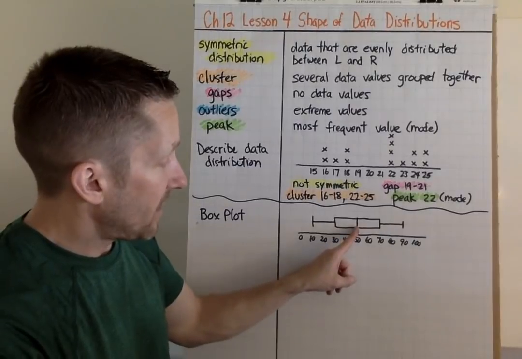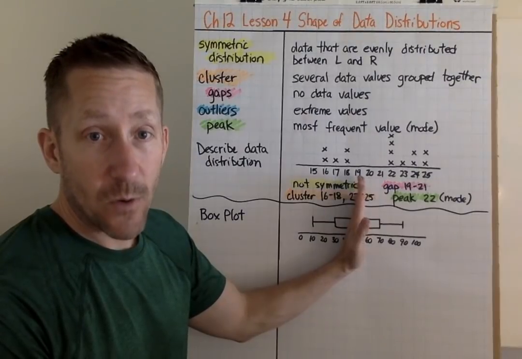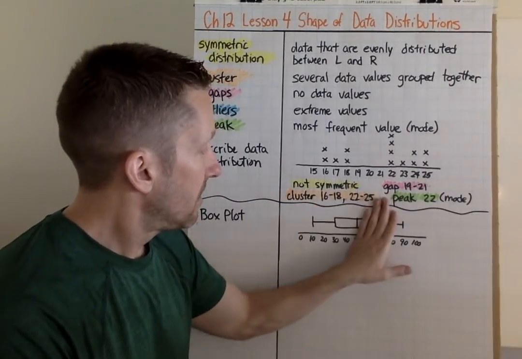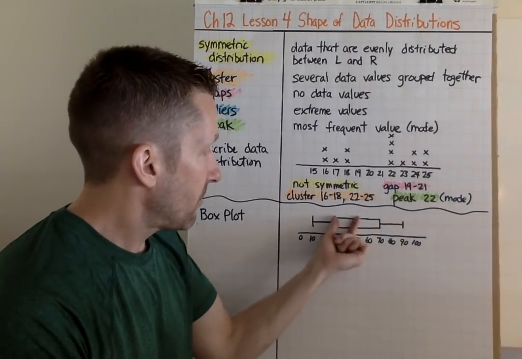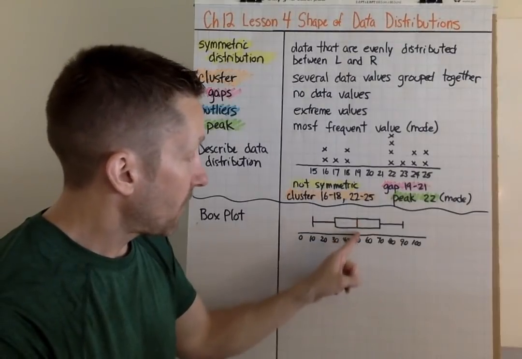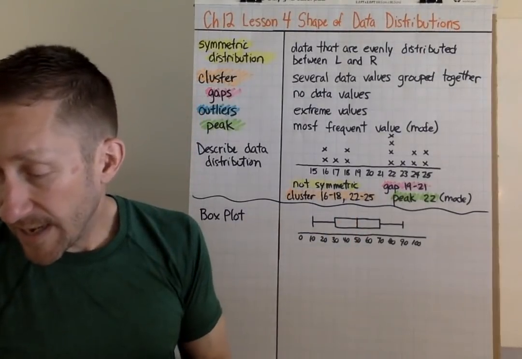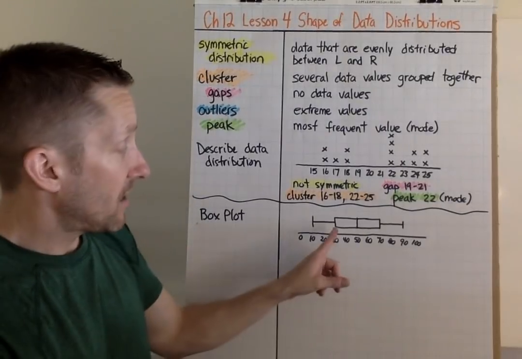I can look at this and say that it is symmetric, because right here, if I fold across, this whisker is exactly the same as that one, and the rectangle is exactly the same as this rectangle if I fold right on the median. So one thing I could say about this is that it is symmetric.